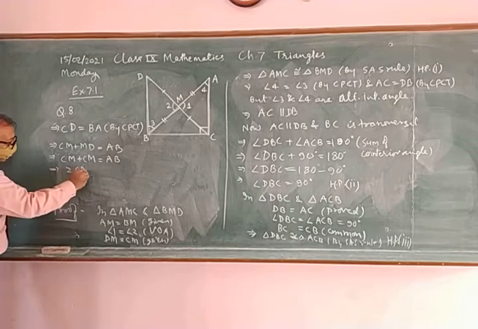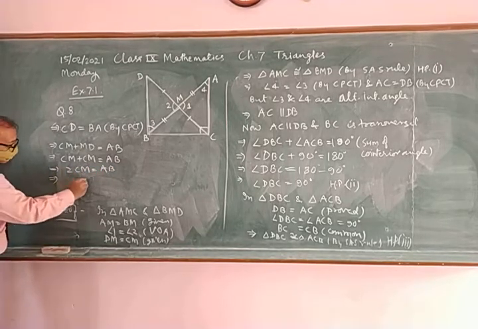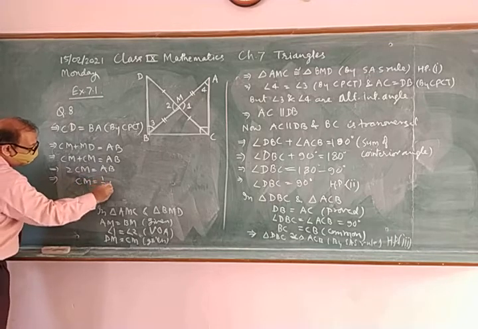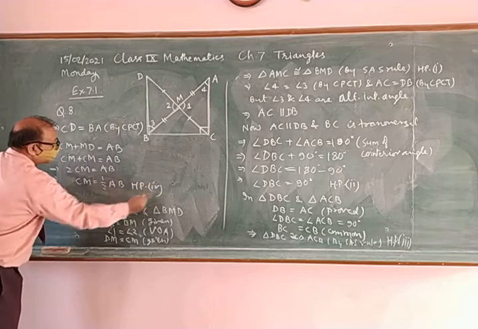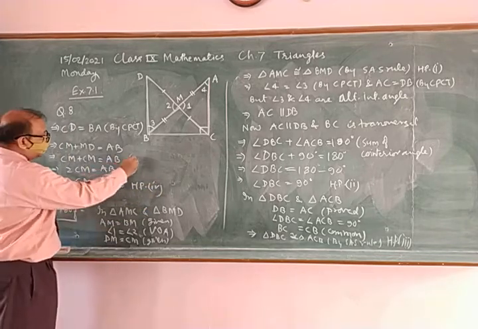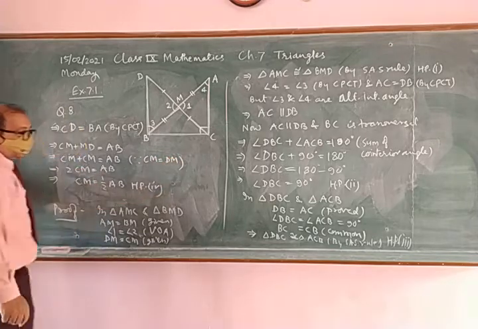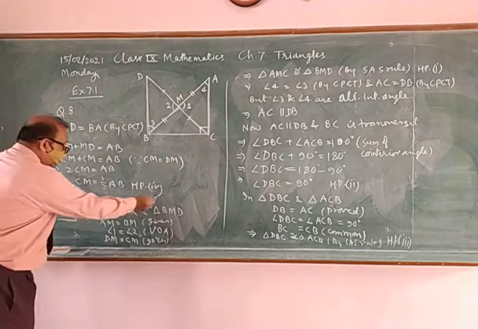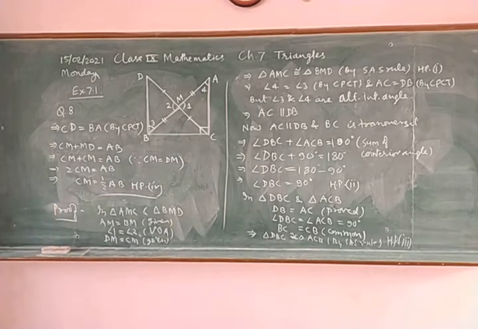So twice CM is equal to AB. Therefore, CM is equal to 1 by 2 AB. Hence proved, number 4. In this way you can complete it. It is proved. Now tomorrow we will do the next exercise.